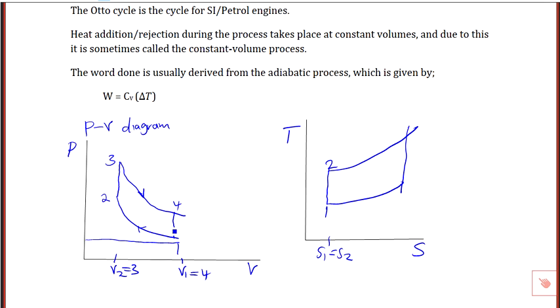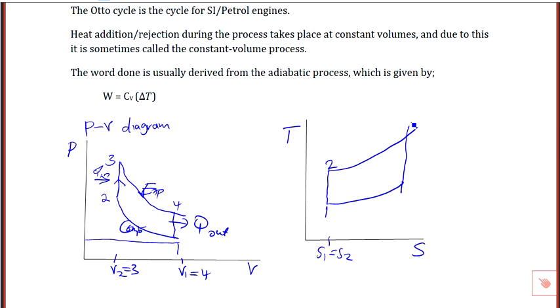These are constant volume processes. So here we have the heat addition or Q in, and then heat rejection. And this one is compression, 1 to 2 is a compression. This one is expansion. Compression and expansion processes.